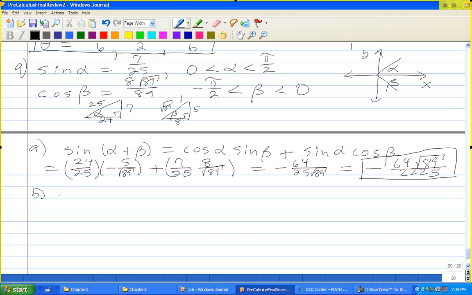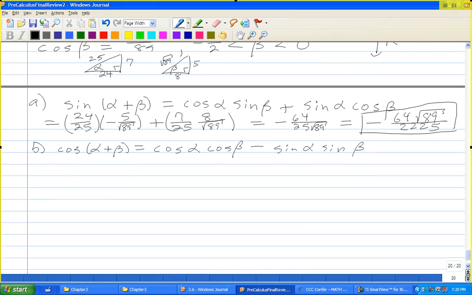Okay, B. Cosine alpha plus beta. So cosine's a real part, so it's cosine alpha cosine beta minus sine alpha sine beta.